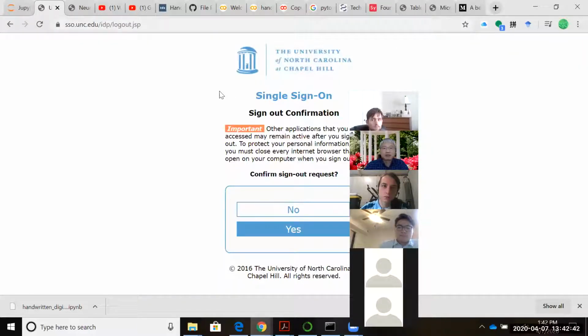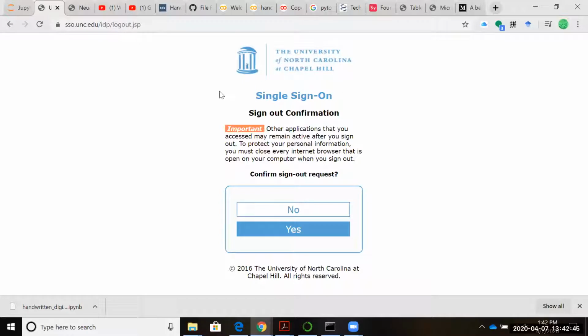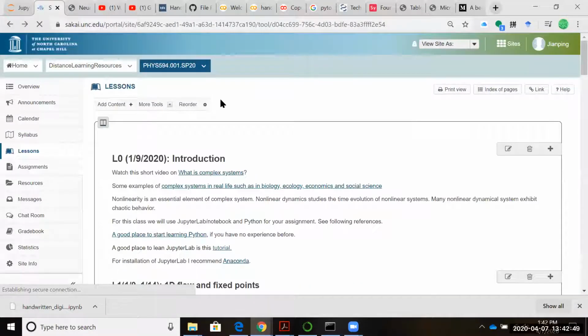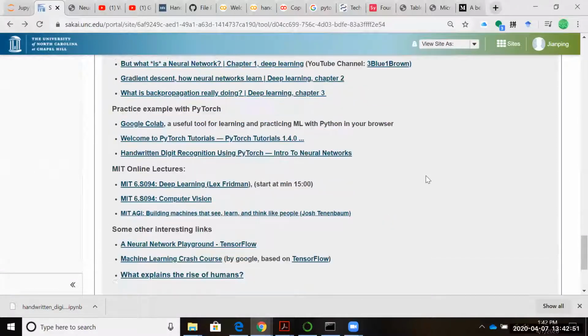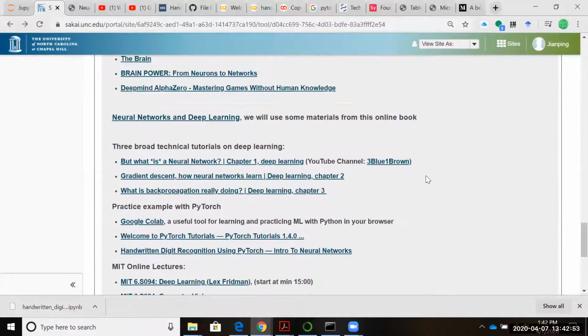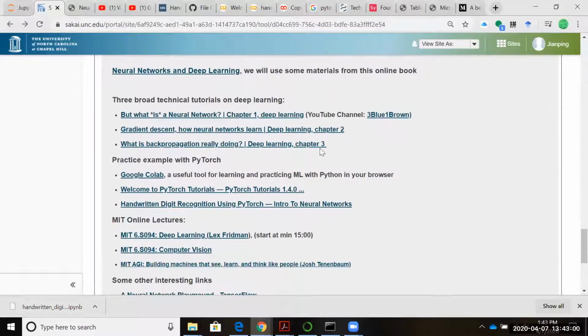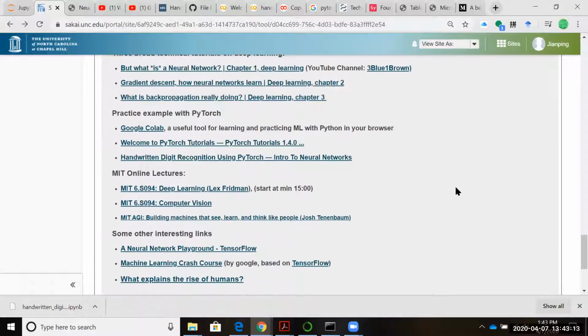If I go back to the lesson link, last time, which is 2 years ago, when I taught these things, I was mostly going through Google's version, using so-called TensorFlow.